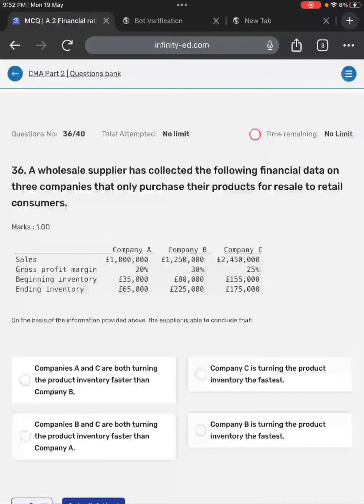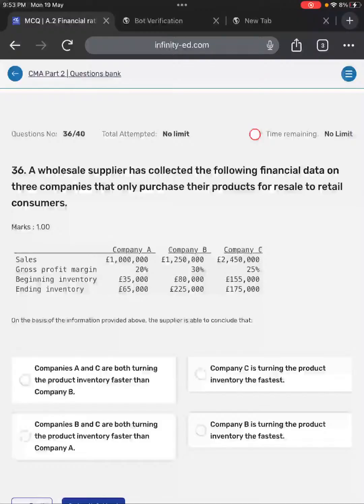Direct answer minus 25% divided by 152,500. 6.16, 360 divided by 6.16, 58 days, that is what 22.